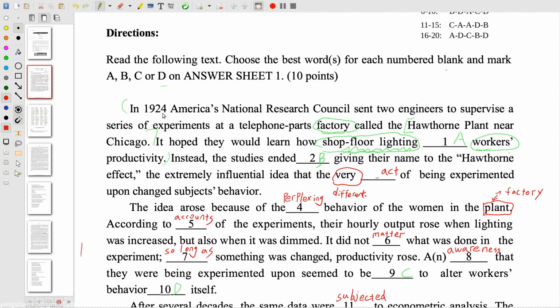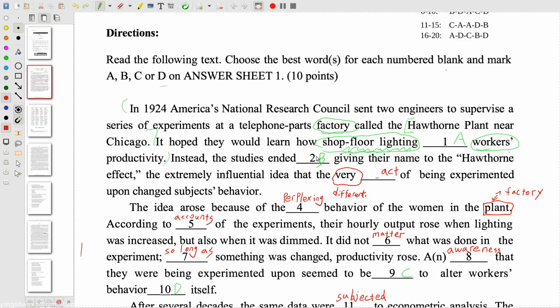In 1924, America's National Research Council sent two engineers to supervise a series of experiments at a telephone parts factory called the Hawthorne plant near Cicero. It hoped that they would learn how shop floor lighting affected workers' productivity.